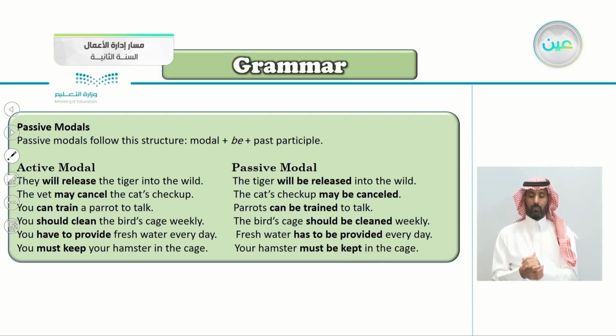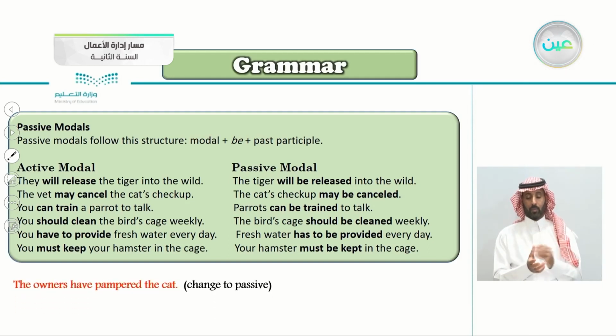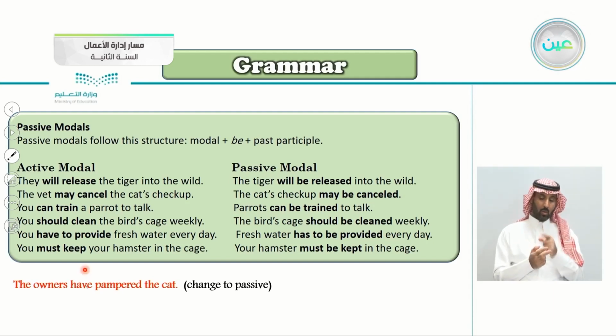So this is how we change an active modal to a passive modal. We begin with the object, then we put the structure, the modal plus be plus the past participle, then we continue our sentence. So, the owners have pampered the cat. Change this into passive. The owners have pampered the cat.